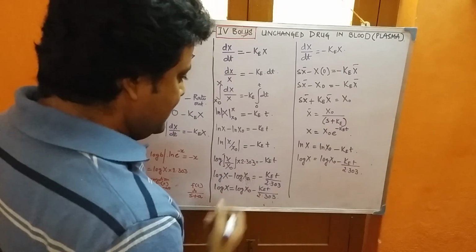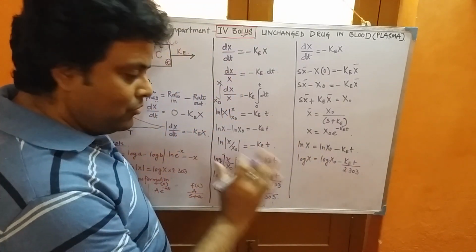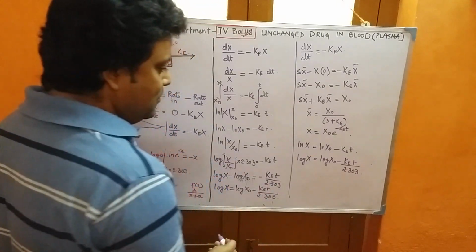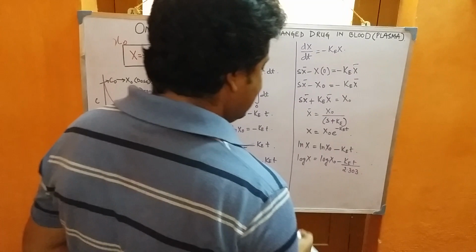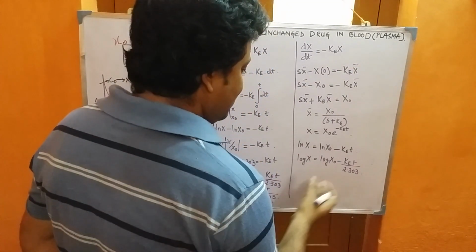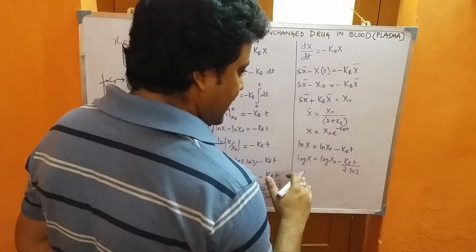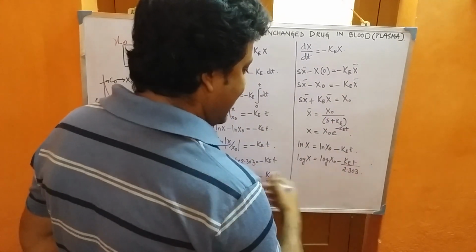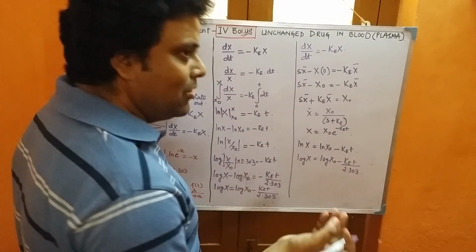Now, if you see x values, x equals Vd into C. The Vd values, if we convert, get cancelled from both the sides, because volume of distribution remains constant.